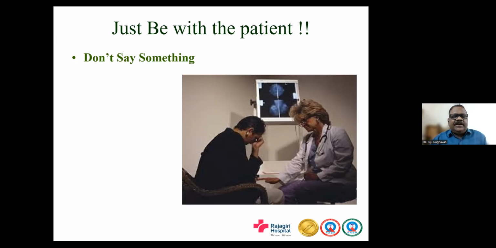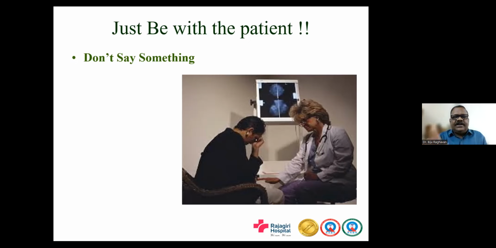Don't start scribbling on the case sheet while the patient is ventilating. Don't look at the computer while the patient is ventilating. Focus 100%. It is like a surgeon who has a bleeder, applies a pressure bandage, and waits till the bleeding stops. The surgeon's full focus is there on the table.